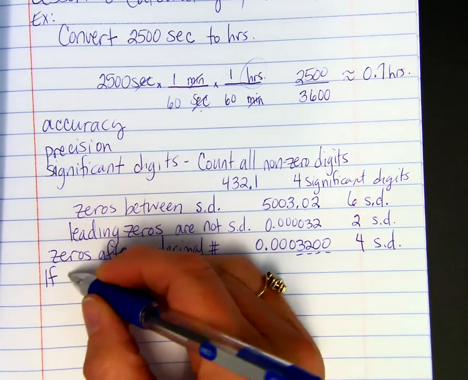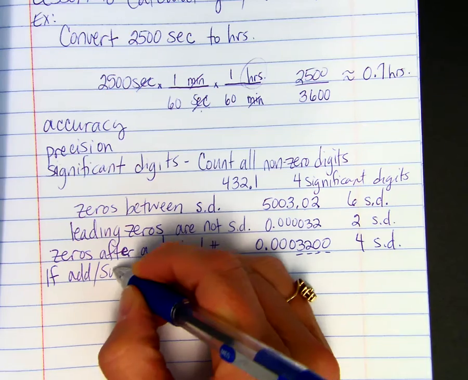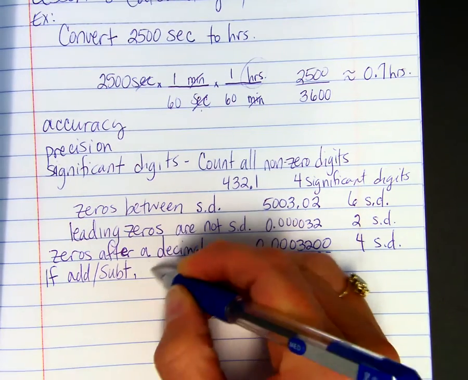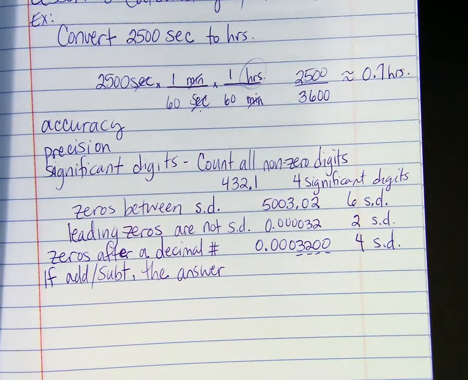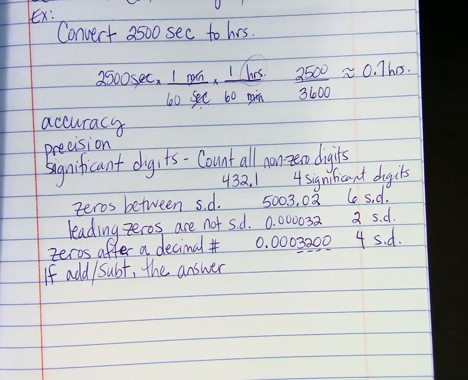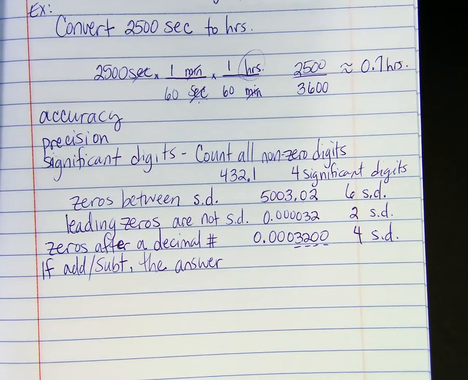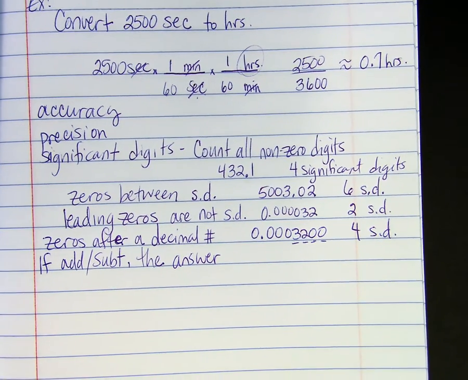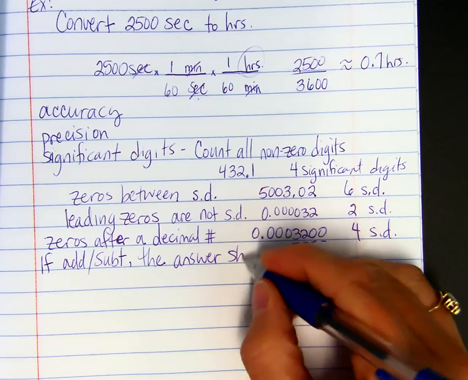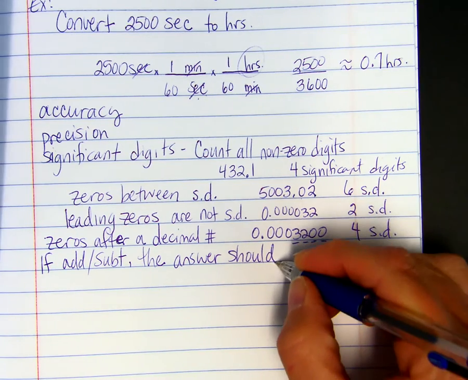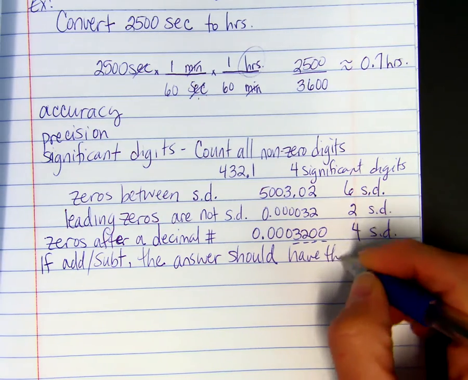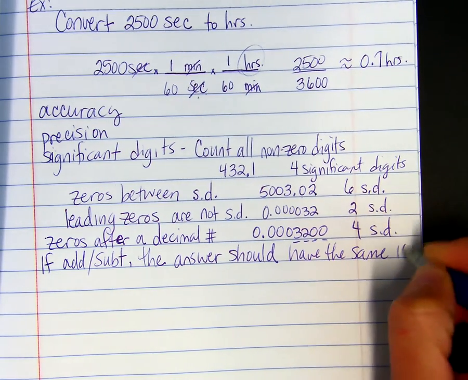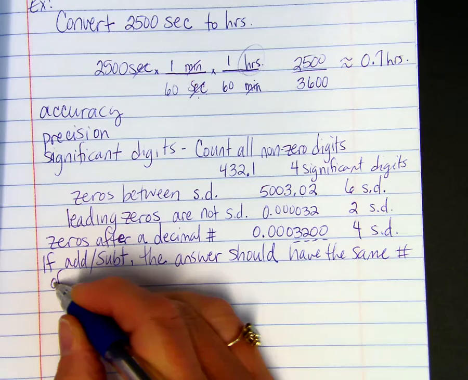So there's some rules that we use with significant digits. If you're adding or subtracting, the answer should have the same number of decimal places as the measurement with the fewest number of decimal places. Okay, so we'll write it and then I'll show you an example.